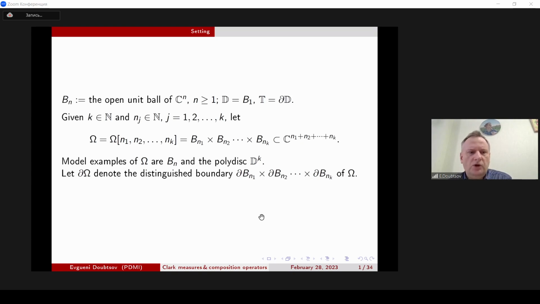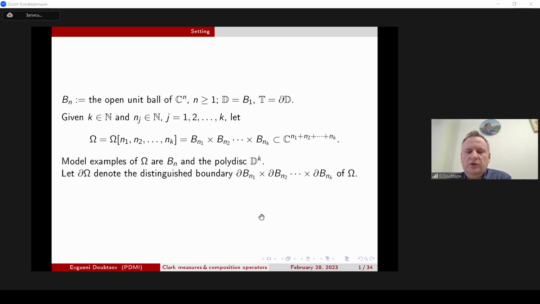So also I'll denote by d omega the so-called distinguished boundary. In this case, this is just a product of the spheres, the boundary of the ball Bn1. So this is the unit sphere in Cn1, times other spheres. This is not a topological boundary, but the so-called distinguished boundary.